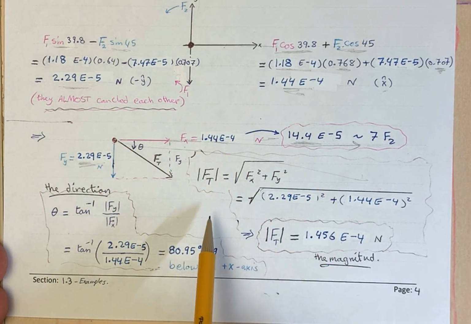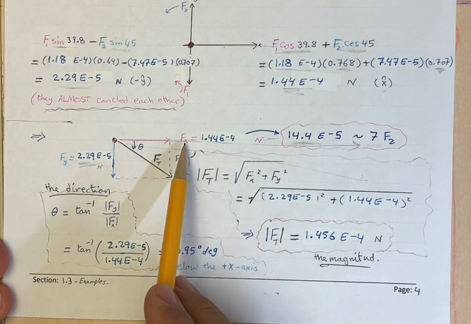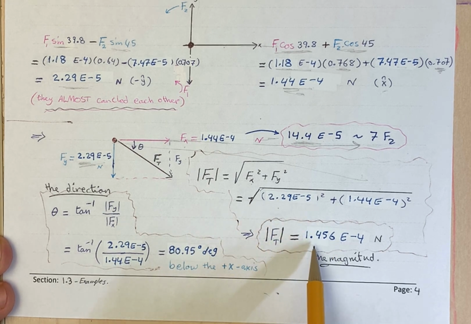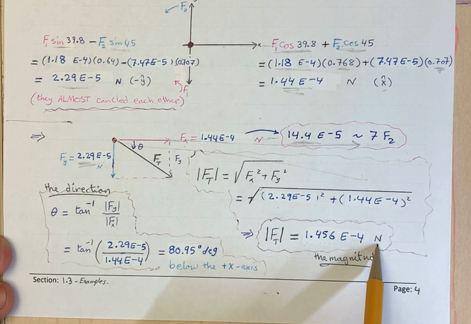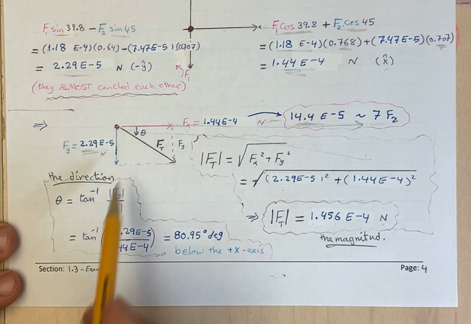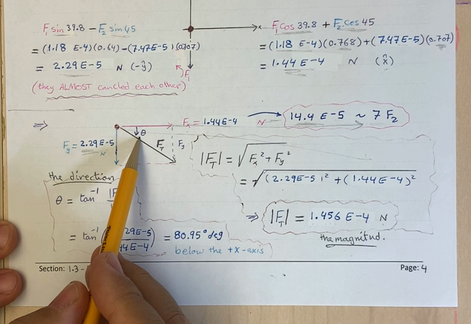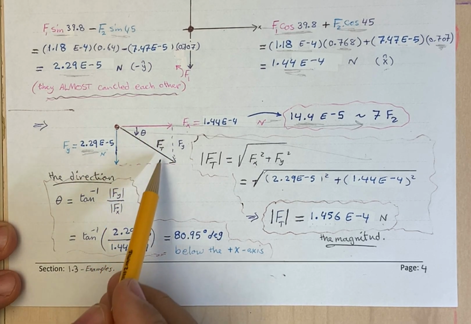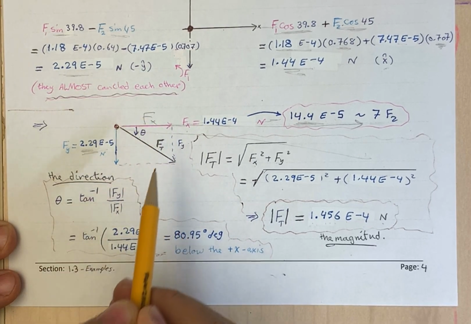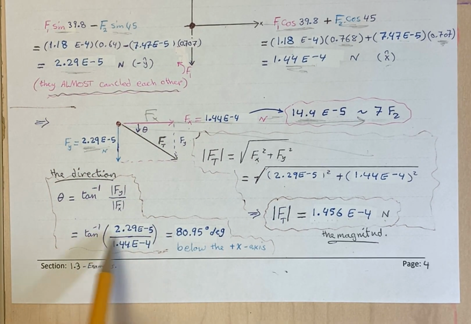The resultant force, using the Pythagorean theorem, is the square root of Fx squared plus Fy squared, which after solving is 1.56 times 10 to the negative 4 newtons in magnitude. This is the magnitude. And for the direction, we need to find the angle theta, using tan inverse of Fy over Fx, the ratio of the forces.